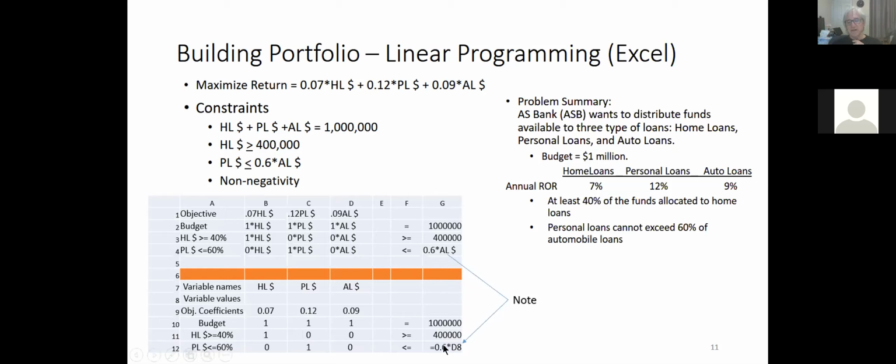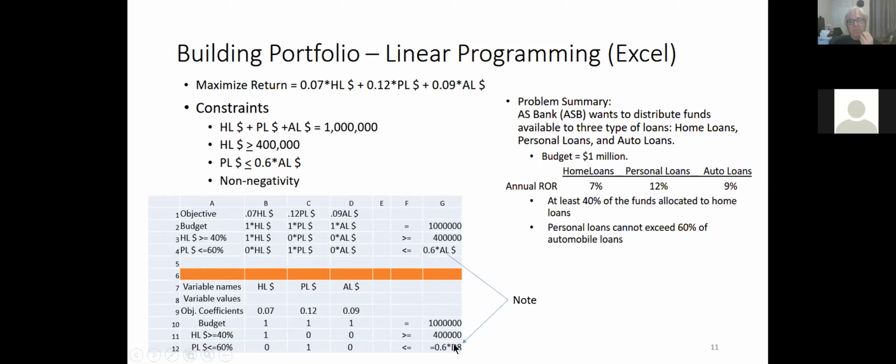Now, a word about the last constraint here. This constraint is written in a form that is called non-standard. Standard form has the variables written on the left and a constant written on the right. The first two constraints are written in standard form. This constraint is not, because you have a variable written on the right-hand side. Excel or Solver does not find it hard to solve, but you have to enter here the correct thing. You have 0.6 times AL, so you cannot write here 0.6 times AL.